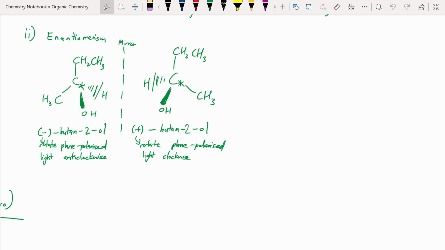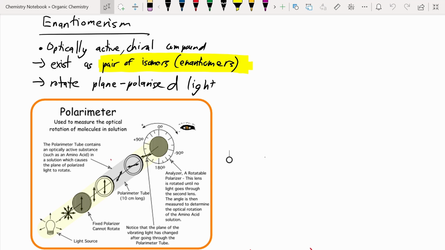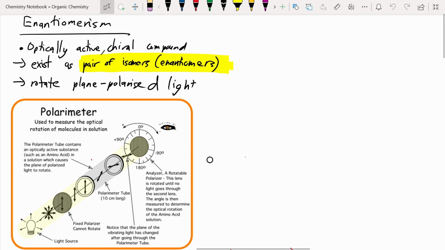So the bolded bond is at the front, and the other, you call that the dash bond, is into the page, while this one is out of the page. Into page, out of page. Yeah.